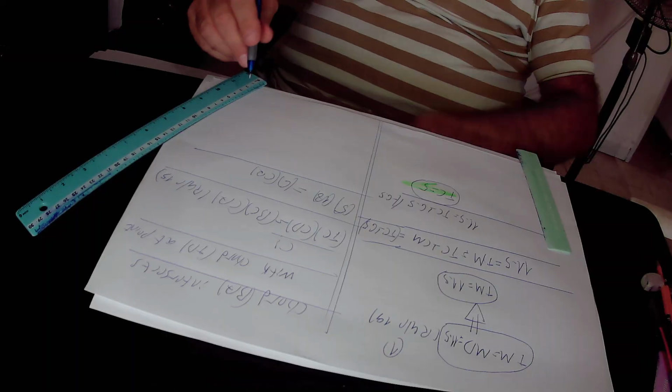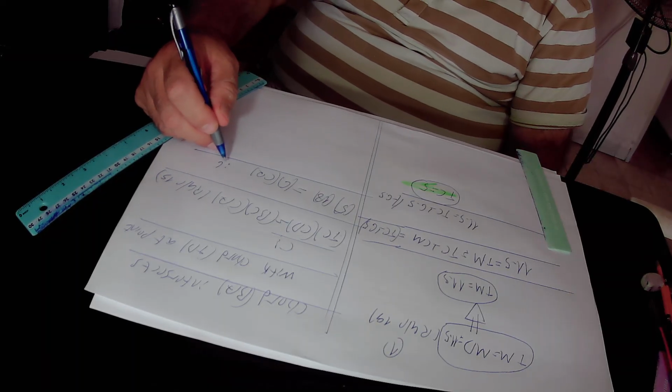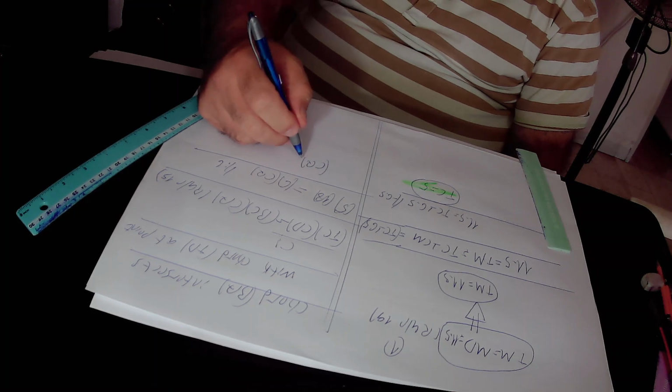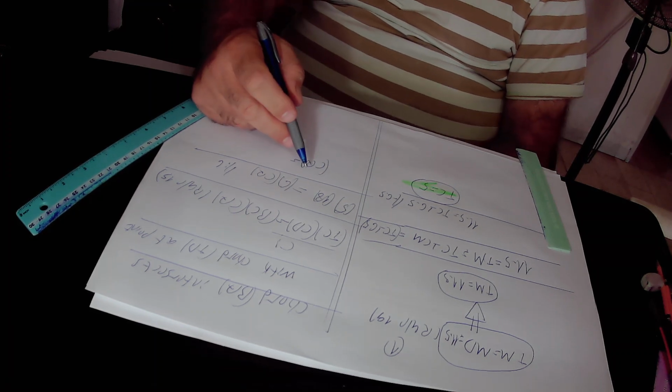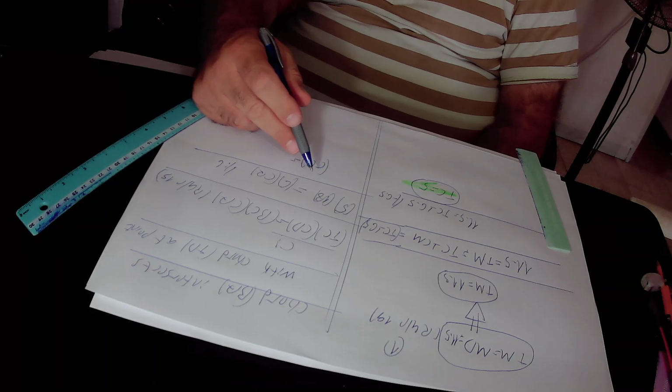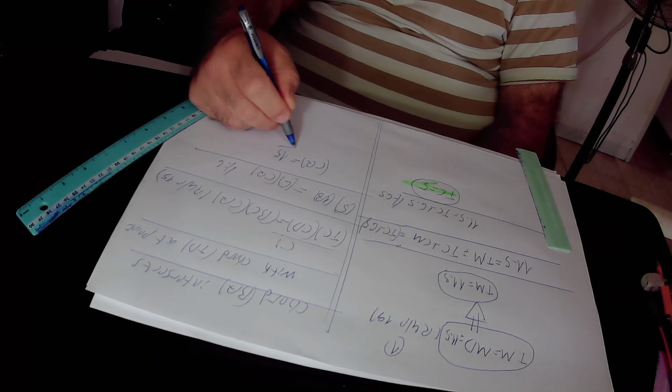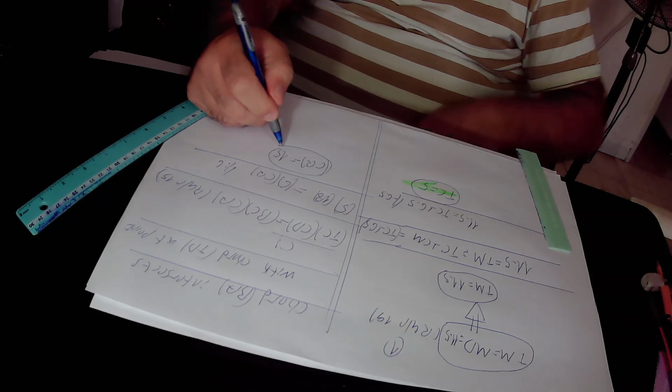Here we divide this equation by 6, and we get that CQ, the missing side, equals 18 over 6 is 3, and 3 times 5 is 15. So the length of the missing side CQ is equal to 15 units.